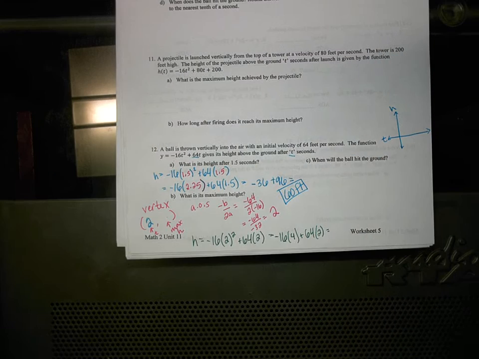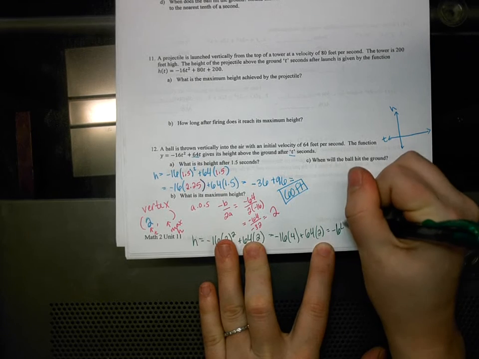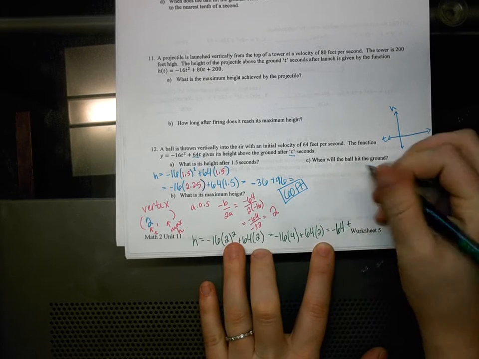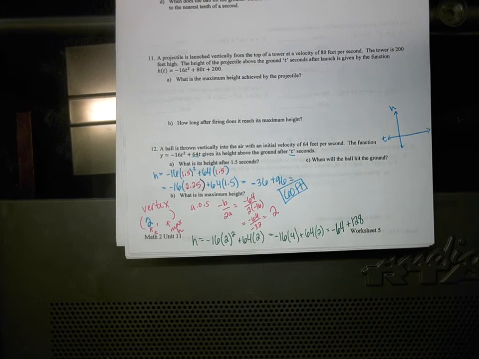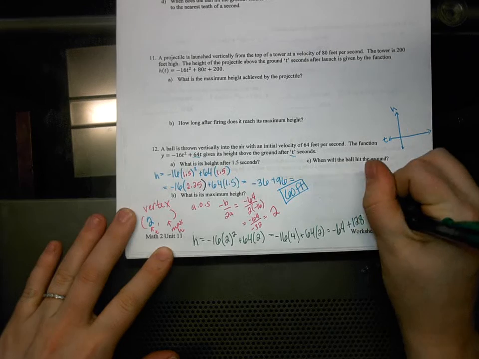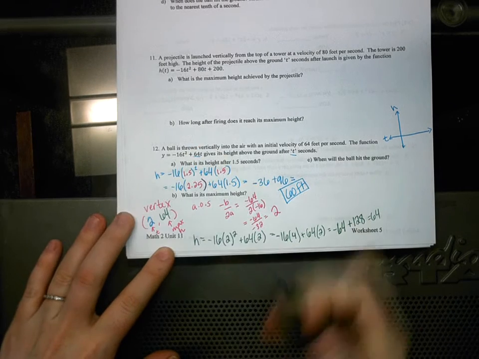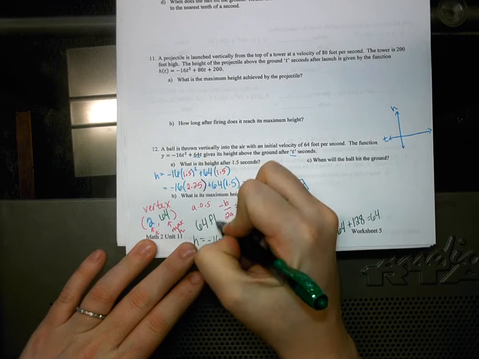Well, we know that negative 16 times 4 is negative 64. And 64 times 2 is 128. So you're doing negative 64 plus 128, which would give you 64 for that value. So my maximum height here is 64 feet.